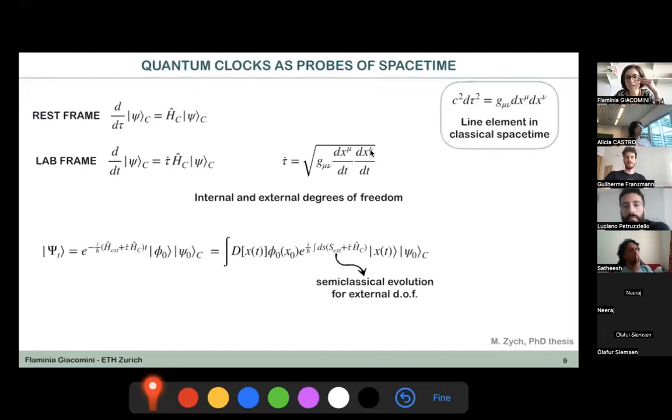Sorry, but G mu nu is taking care of that interaction part, right? Well, it can. It does not necessarily do that. So it really depends on your description. Also in the Hamiltonian picture, G mu nu does not immediately enter in the description, so it really depends how you define it.